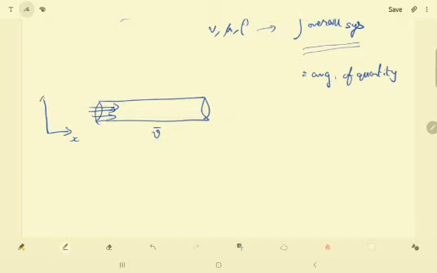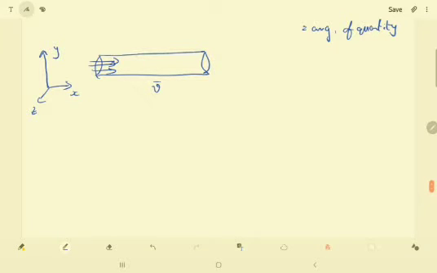These are the spatial coordinates x, y and z. So this velocity vector v bar can be represented as v bar of x, y, z and t, where t is time.